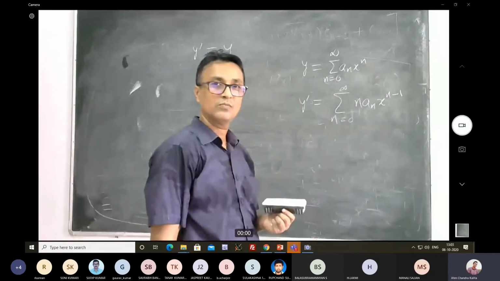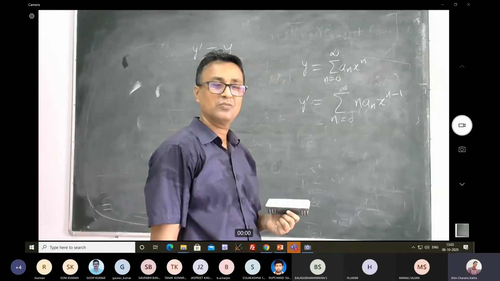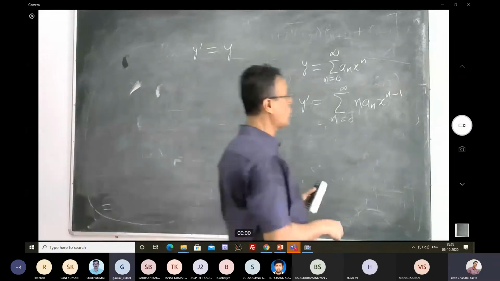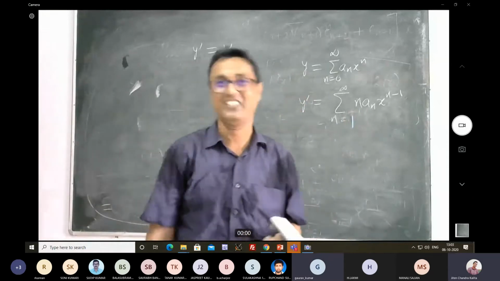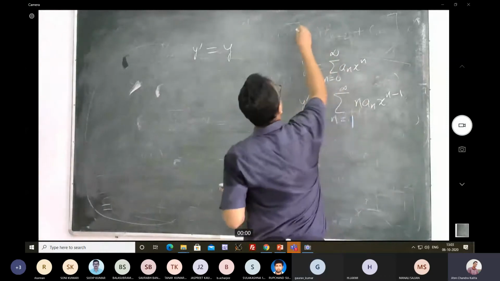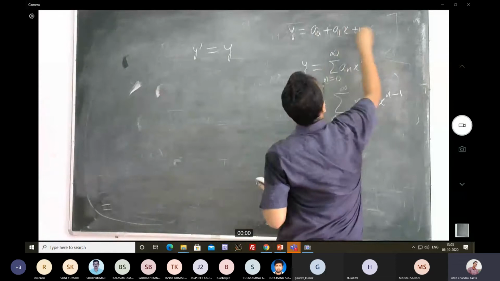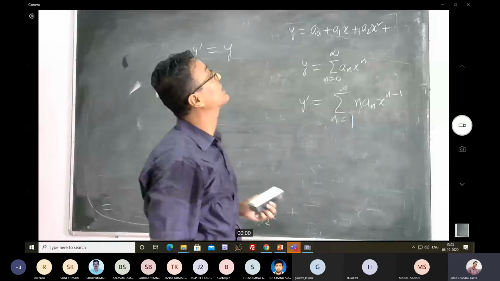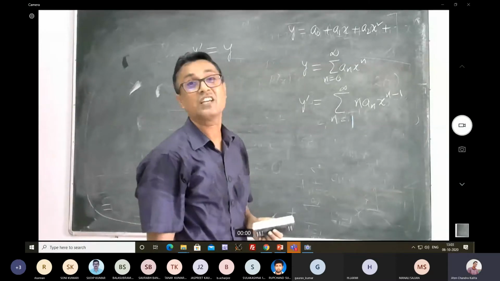Does the sum start from n equal to 0? No, it starts from n equal to 1 to infinity, because once you differentiate it, you are going to get a1 plus 2 a2 x and so on.